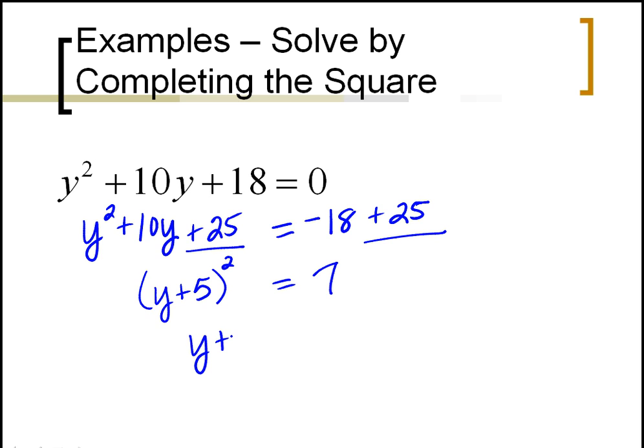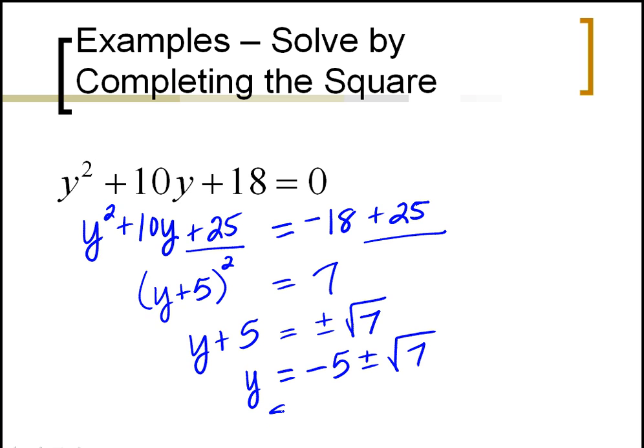So we can apply the square root property to get y plus 5 equals plus or minus the square root of 7. We subtract 5 from both sides to get negative 5 plus or minus the square root of 7. So our solutions are negative 5 plus the square root of 7 and negative 5 minus the square root of 7.